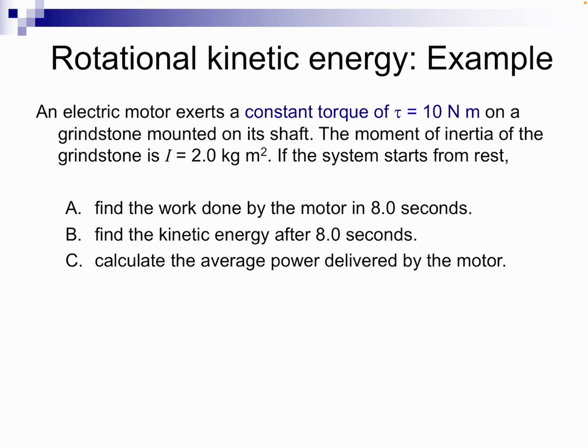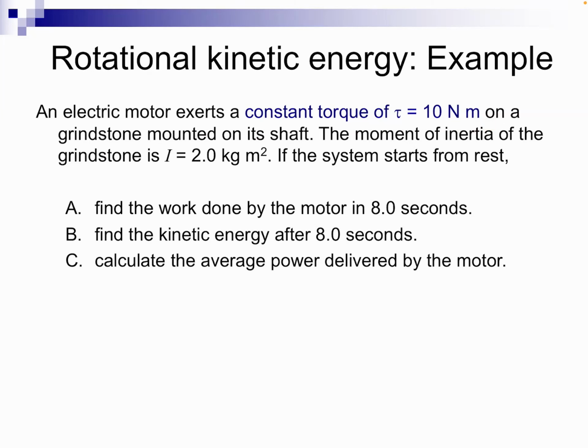Okay, so let's look at an example of a rotational motion and applying the concepts of rotational kinetic energy and work and power. Here you have an electric motor. It exerts a constant torque of 10 Newton meters on a grindstone mounted on its shaft.